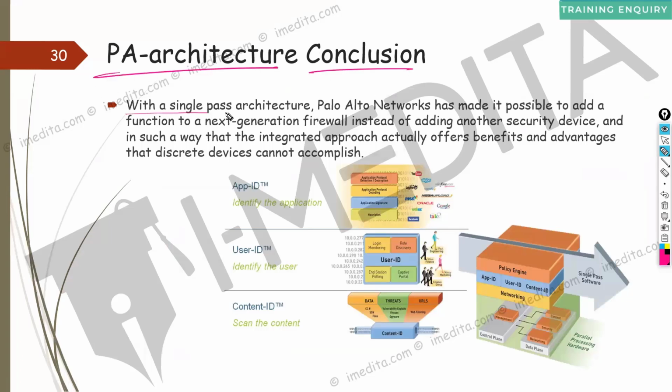Conclusion: with single pass architecture, Palo Alto Networks has made it possible to add a function to a next generation firewall instead of adding another security device. And this integration was done in such a way that the integrated approach offers benefits and advantages that discrete devices cannot accomplish. Means multiple devices can't. A single device can provide all the features which is not possible through multiple devices. Clear?